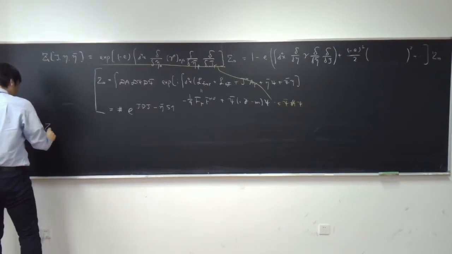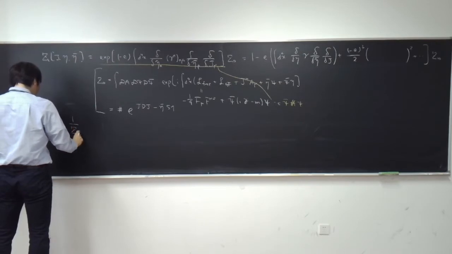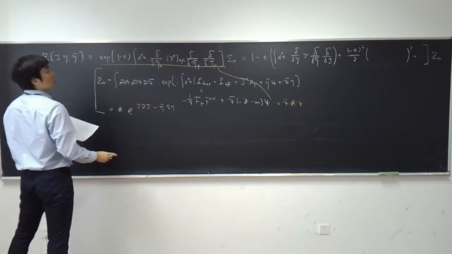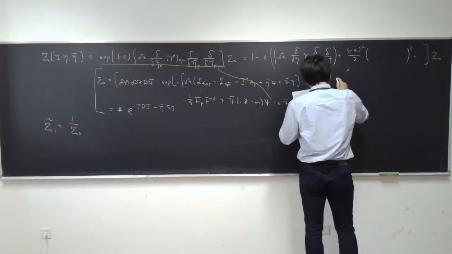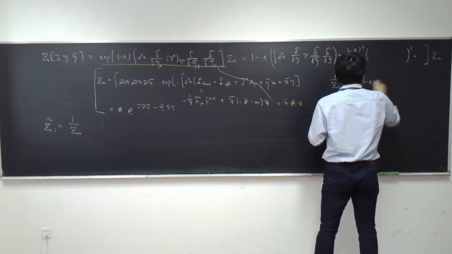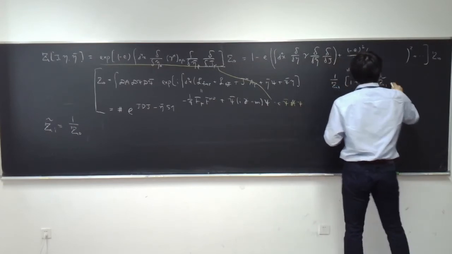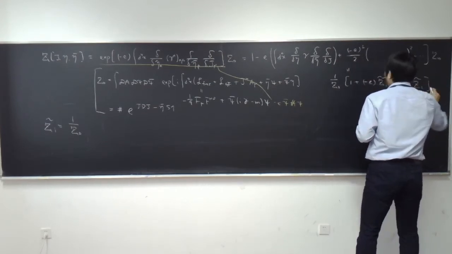So Z1 tilde is given by 1 over Z0, and I'm going to write this as 1 over Z0 times 1 plus minus e Z1 tilde plus e squared Z2 tilde, and so on.